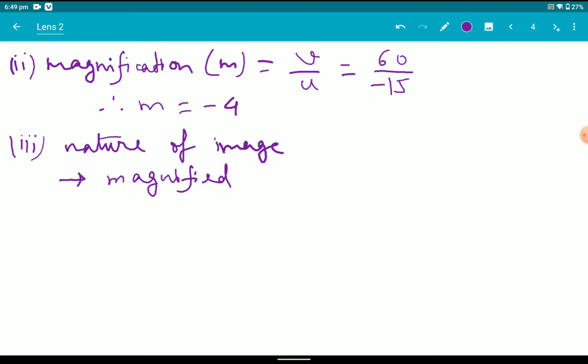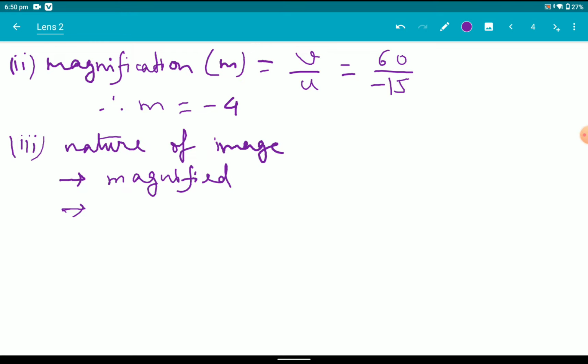Next, since the value is minus 4, see, magnification is also given by the formula I by O, image height by object height. Now object height is always positive, so whether the magnification is positive or negative depends on the image height. If the image height is negative, then the magnification will be negative. Here the magnification is negative, which means the image height is negative.